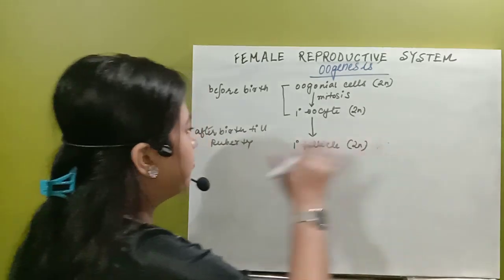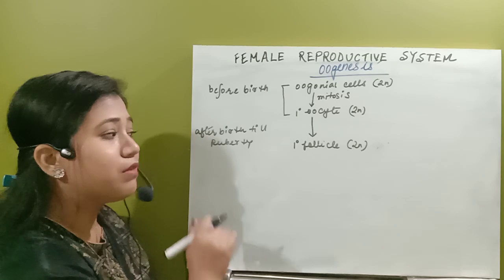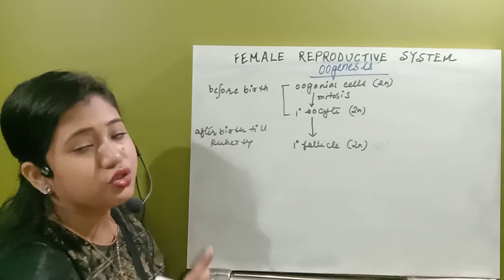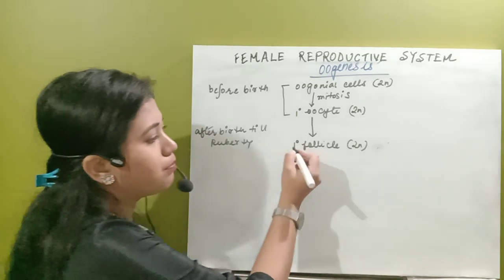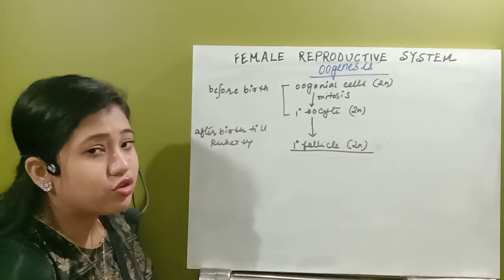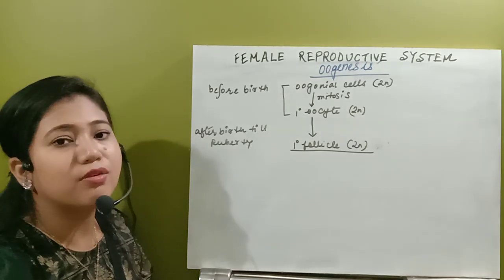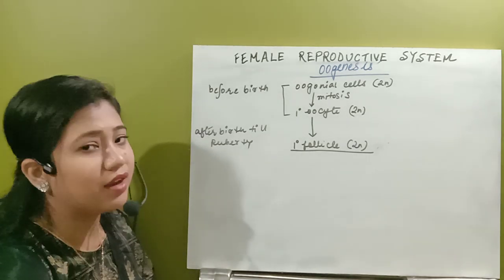But before puberty, from birth up to puberty, in the ovary, in both the two ovaries, what happened? We have millions of primary follicles. Those millions of primary follicles are not needed in the entire reproductive period of one female.